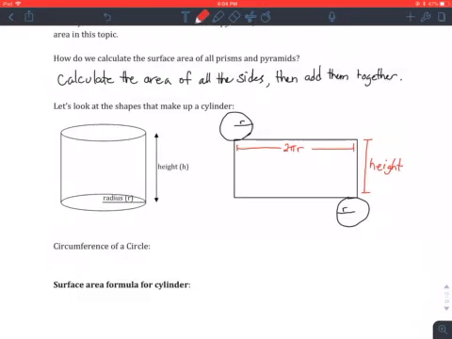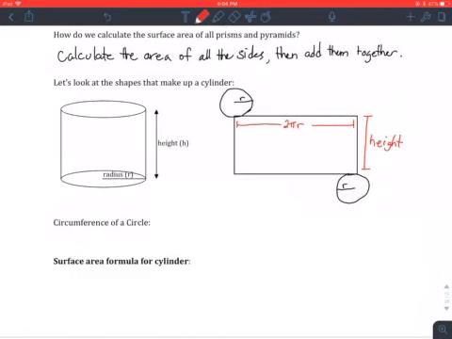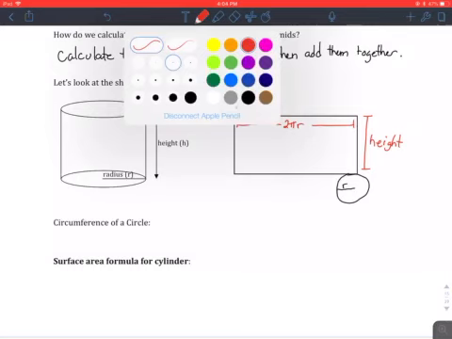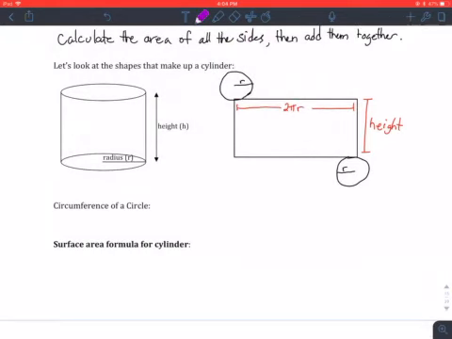But since we're given the radius in our picture, we're going to use the form that has radius in the circumference. Okay, so circumference of a circle can be given as circumference is equal to pi multiplied by the diameter, or circumference is equal to 2 multiplied by pi multiplied by the radius. And this is the form we're going to use.